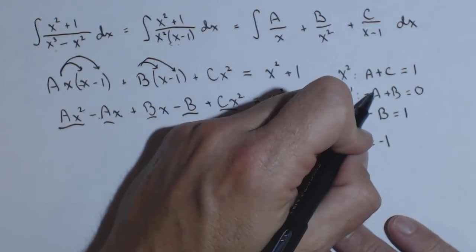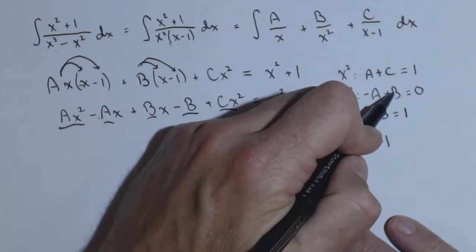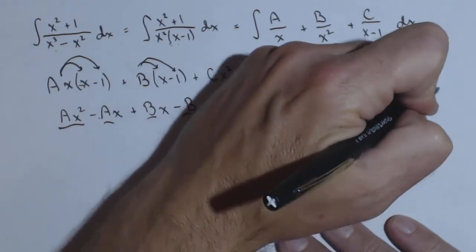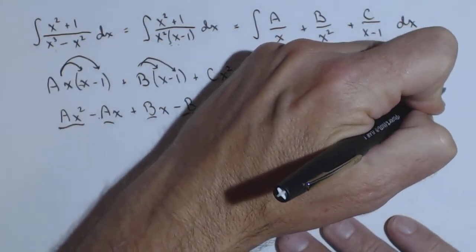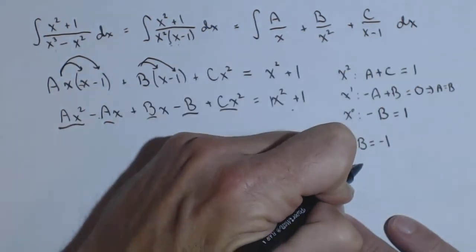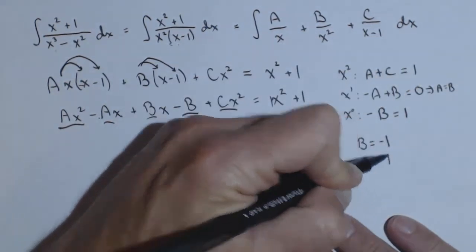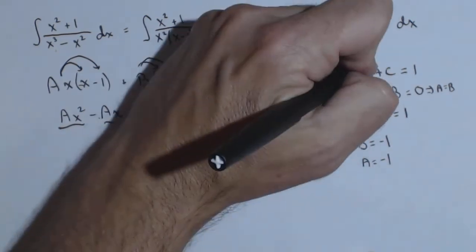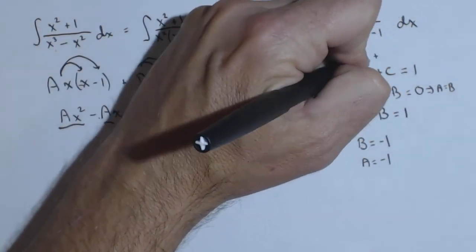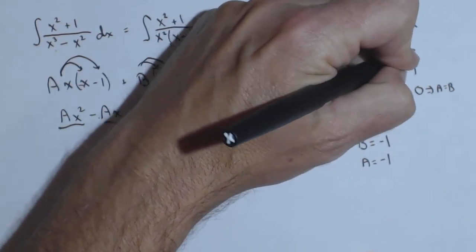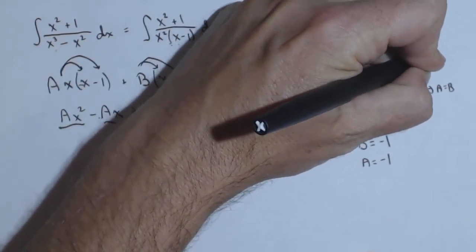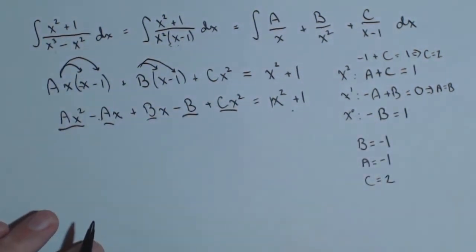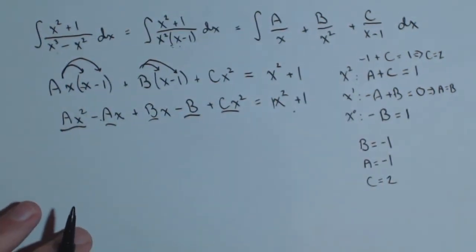Right here, because negative A plus B has to equal 0, we get from this equation that A must equal B. So A has to be negative 1. And now A plus C has to equal 1. Well, negative 1 plus C must equal 1 gives us that C has to be 2. So a pretty easy system to solve for this one.